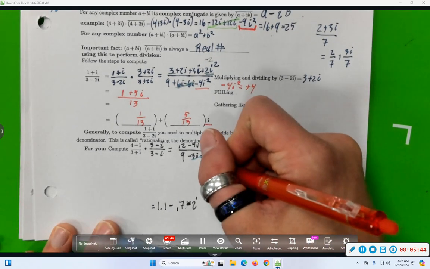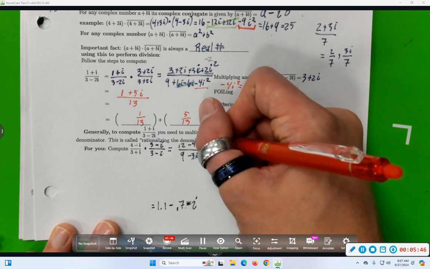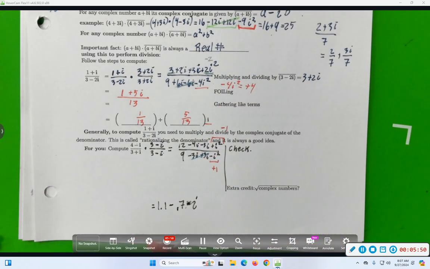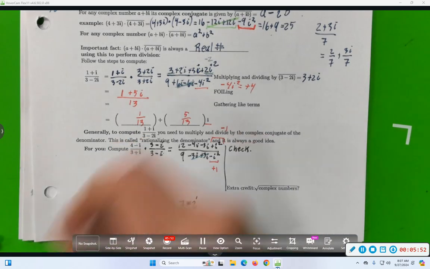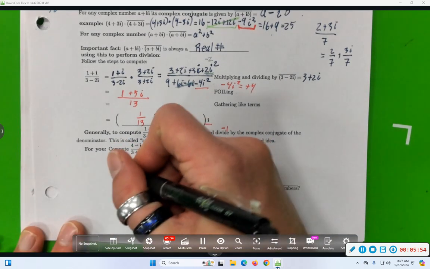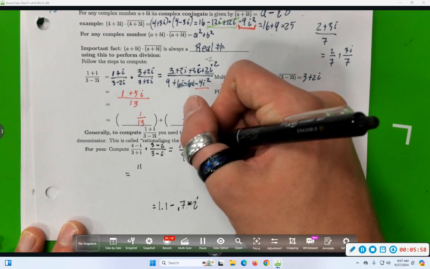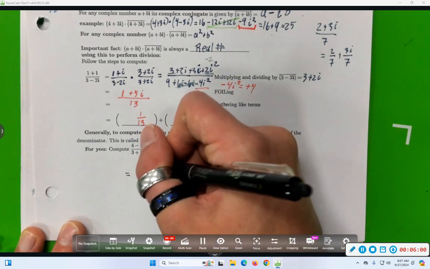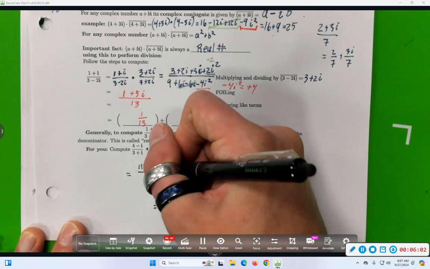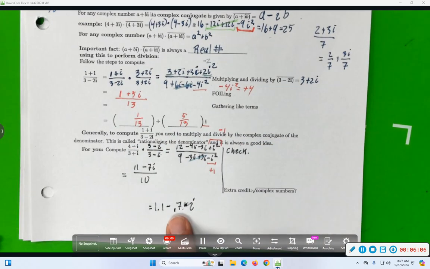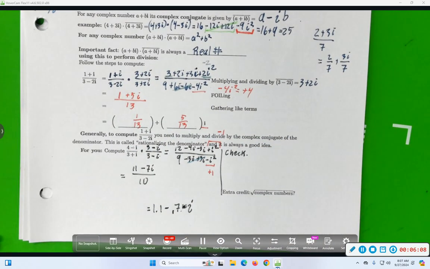Minus i squared is the same as plus 1, plus i squared is the same as minus 1. So, carrying on, I get 12 minus 1 is 11, minus 7i, all over 9 plus 1 is 10, and yeah, that looks like the result of dividing by 10.